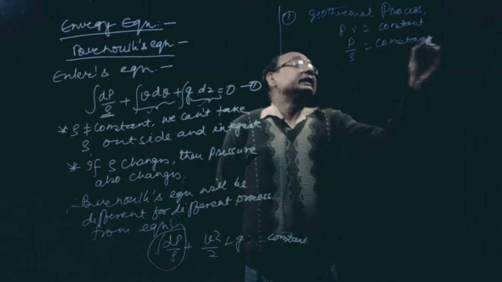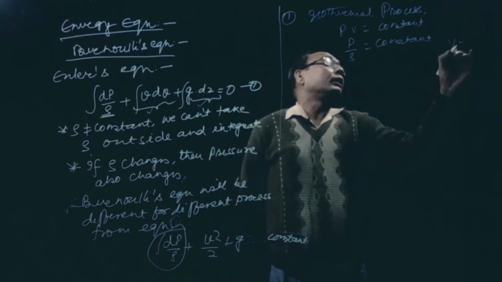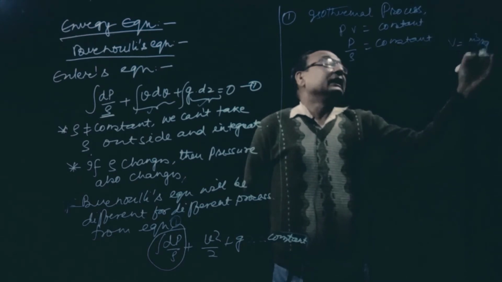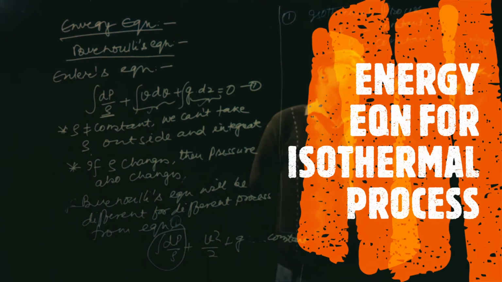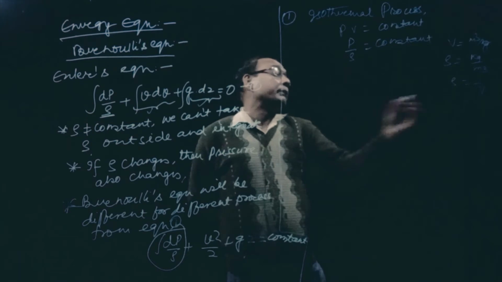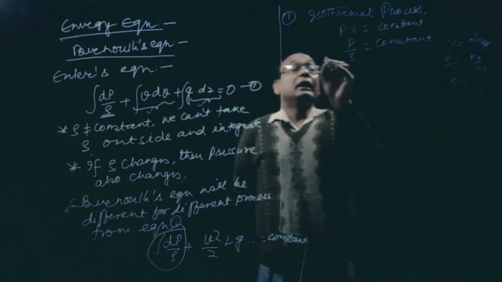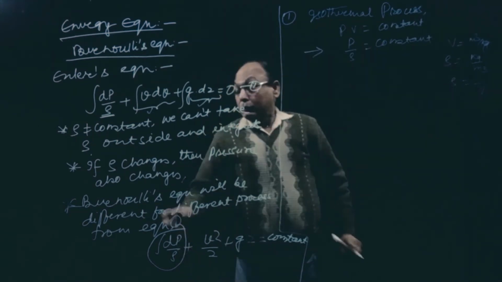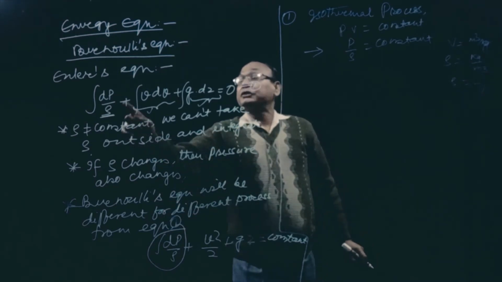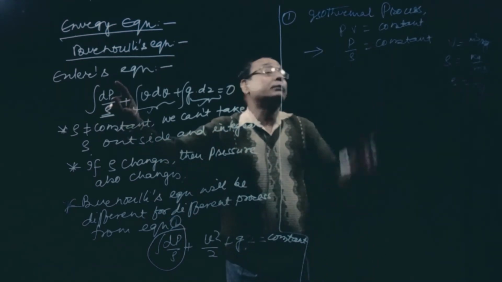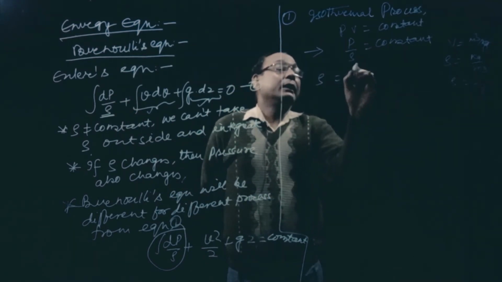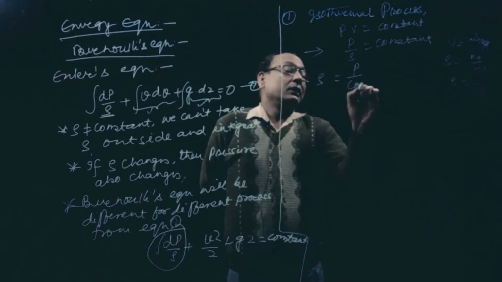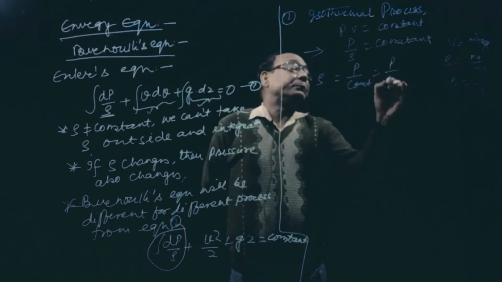Because V is the specific volume in meter cube per kg, and rho is the mass density in kg per meter cube, so rho is equal to 1 by V. So rho will be P by C.